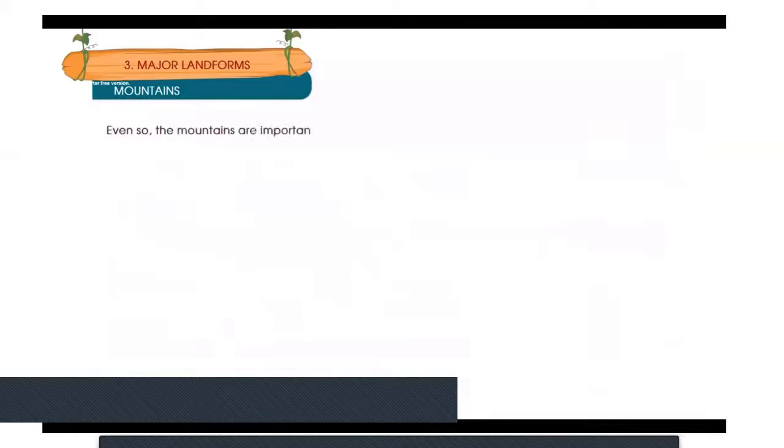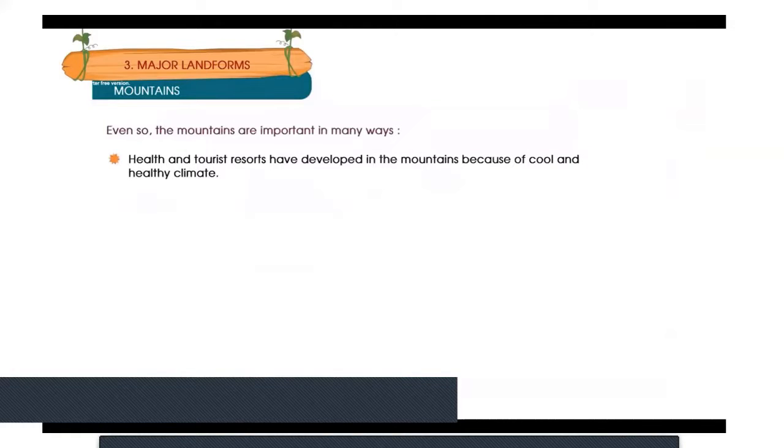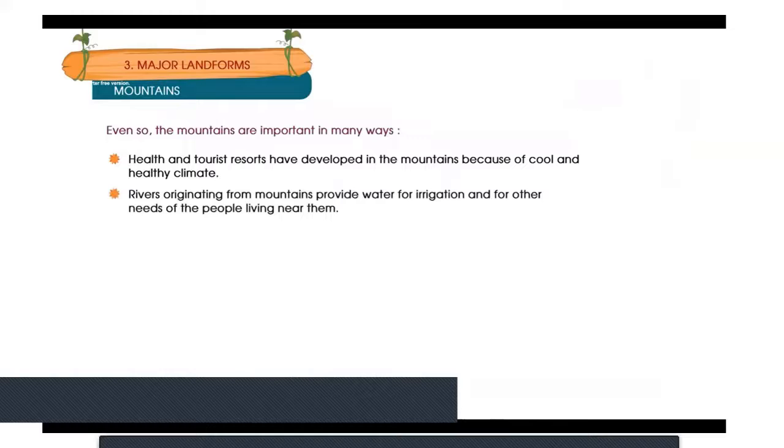Even so, the mountains are important in many ways. Health and tourist resorts have developed in the mountains because of cool and healthy climate. Rivers originating from mountains provide water for irrigation and for other needs of the people living near them.